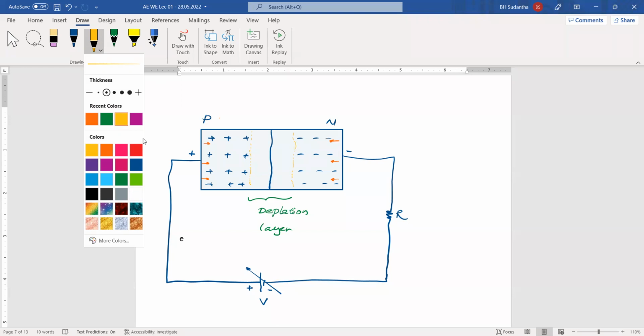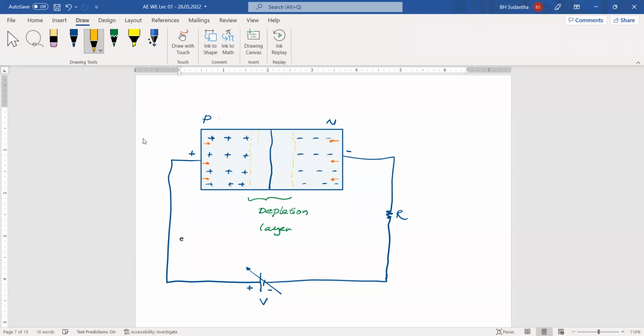Because of that, this depletion layer decreases. These carriers have come towards the junction, and because of that, the depletion width of this depletion layer has been decreased. Then we can increase this voltage more.